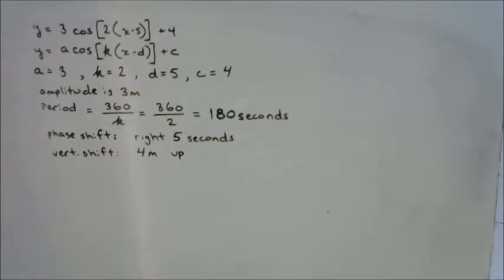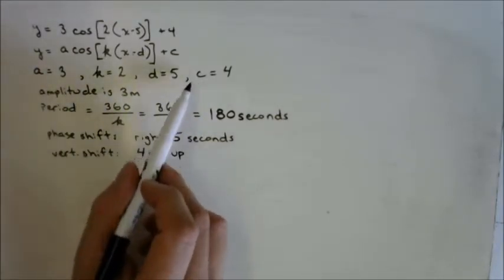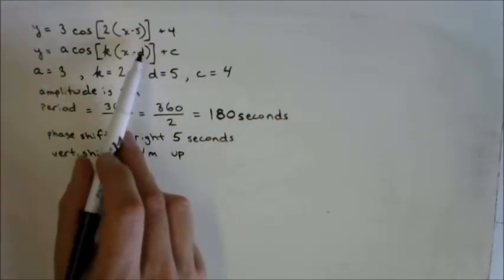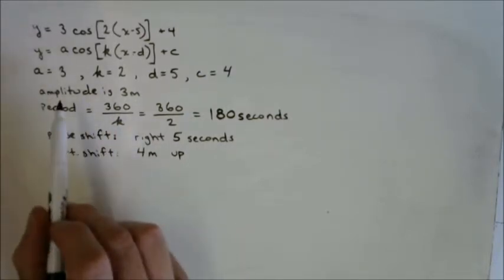Okay, so part A said, what are the amplitude, period, phase shift, and vertical shift of the position function? That's what we've done now. We did it by first identifying the values of our parameters in our general form, and then translating that into what it actually means.